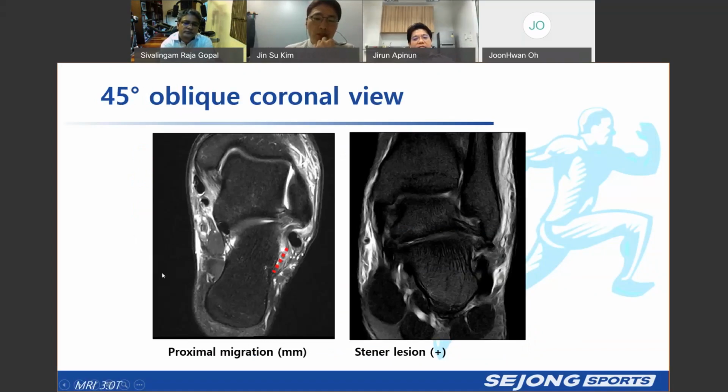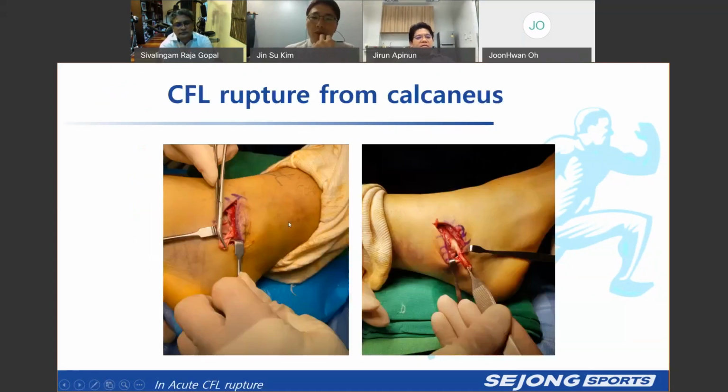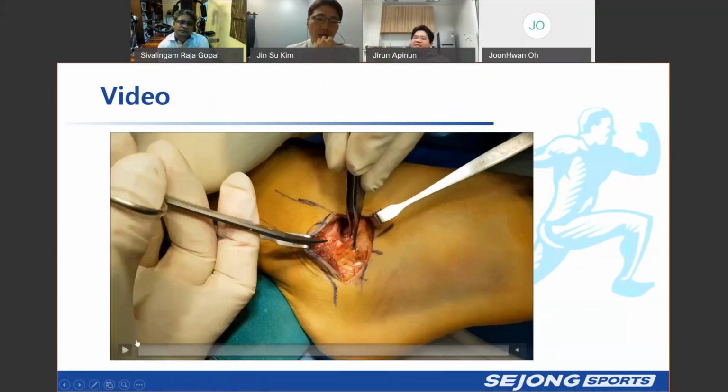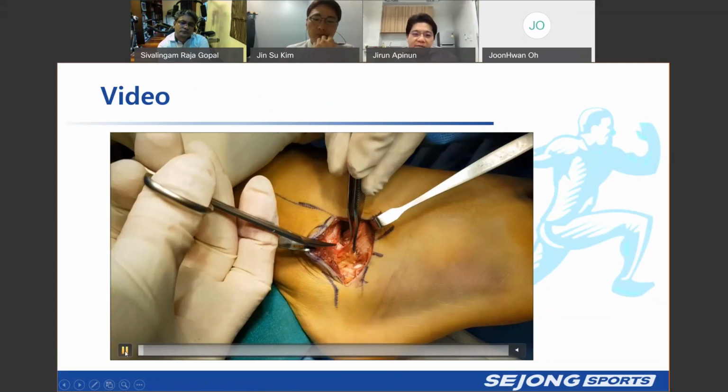We checked the proximal migration and the stranded lesion. The CFL rupture can usually be seen this way, and the distal attachment usually looks like the original attachment site. So we can see the video.